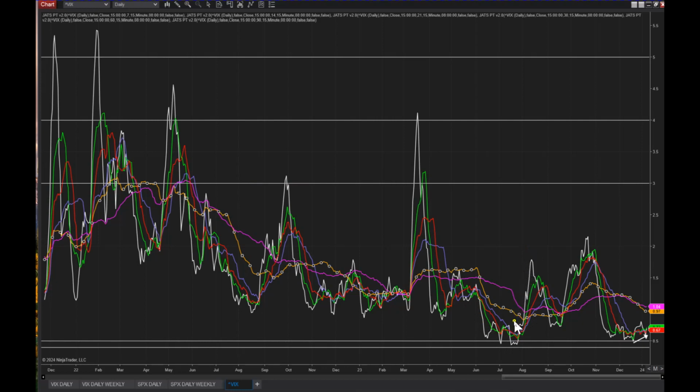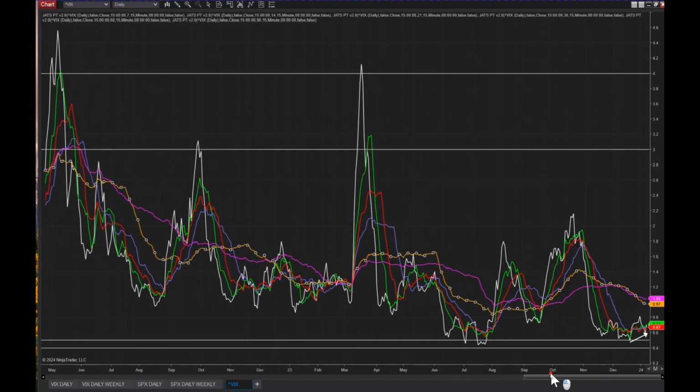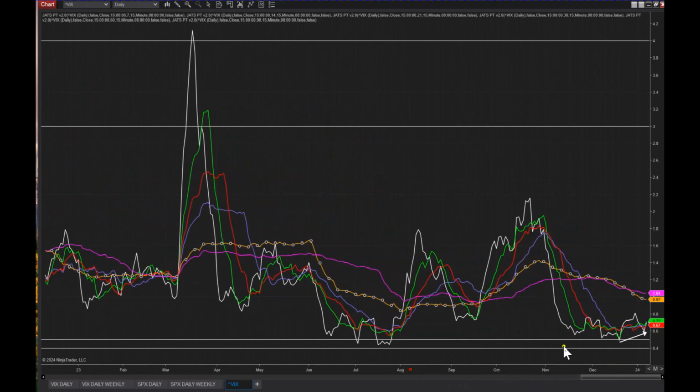If you're a volatility trader, you can be trading long vol and short vol. Now, right here in December, it went long, but we went long in the market. We were below the 30/60. So that long vol was not short. When you're above the 30/60 and you're long, you're probably short.